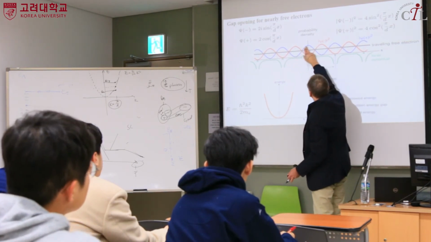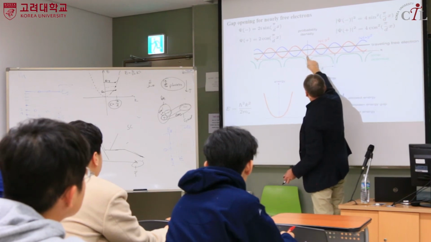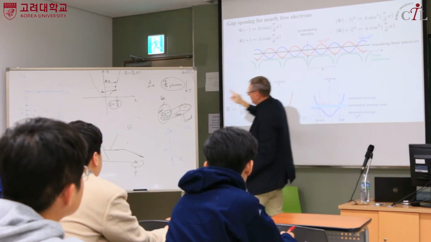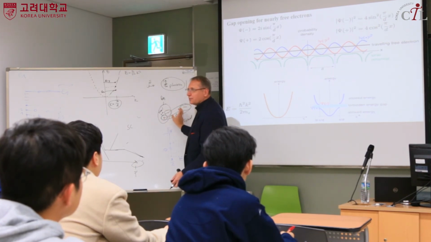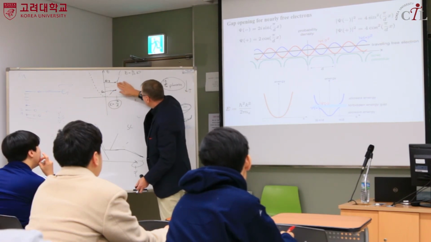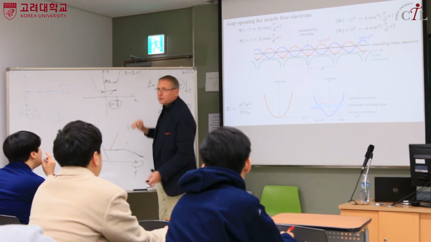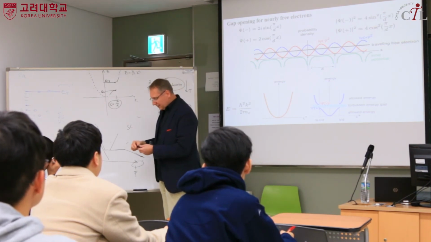One is cos-like, and the other is sine-like. So that the distance between the lattice and the electron in one case is short, in the other case is long, which gives us one energy and another energy. So this part is totally disappearing. You see? This is fantastic.